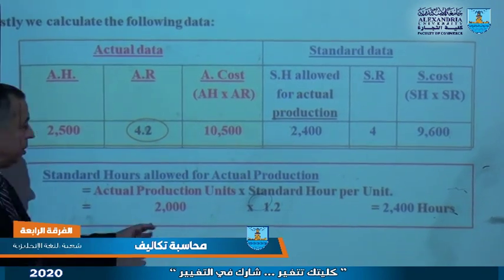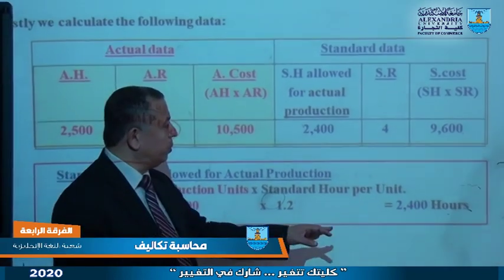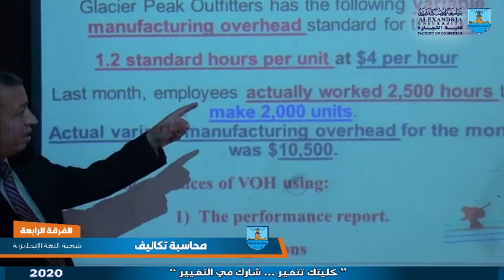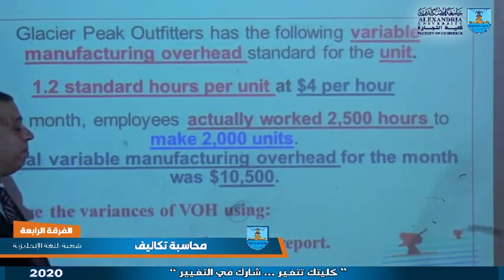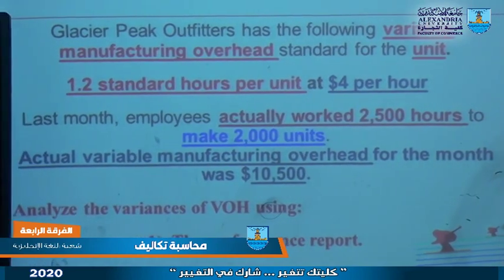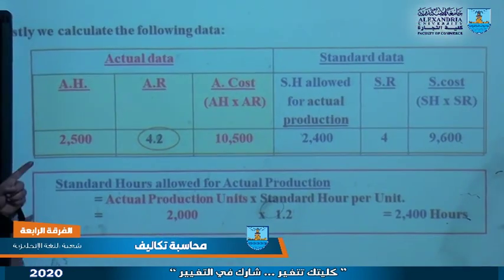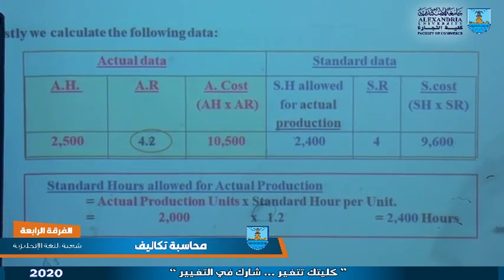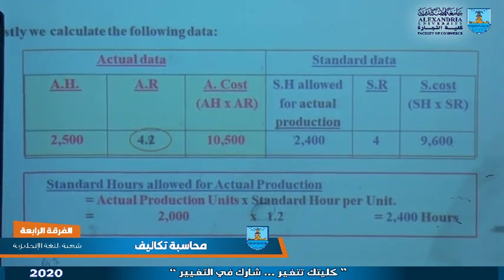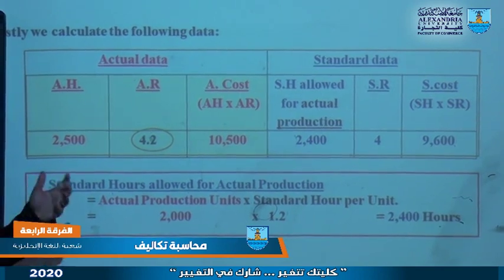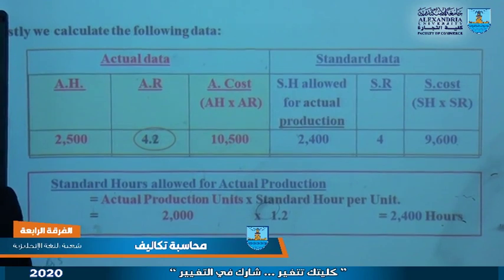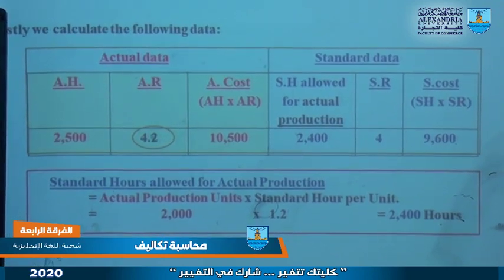Here I have 2000 times 1.2, and the standard rate is given here, but I have an equation to calculate it, and this is my standard cost. If I have actual hours, actual rate, actual cost, and I have standard also, I can prepare equations, I can prepare a performance report, no problem, okay?